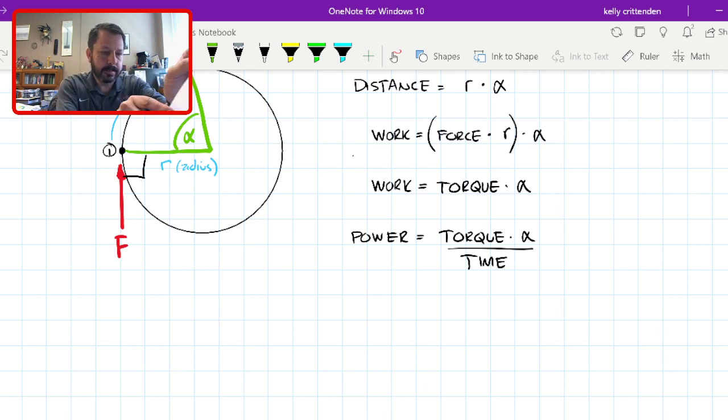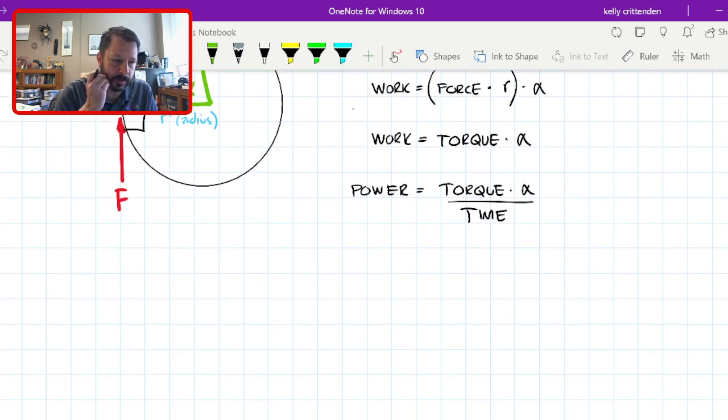And this alpha is in radians, that wouldn't necessarily be a degree angle. A lot of times it is theta, but again, I'm avoiding theta because we already used theta for something else.